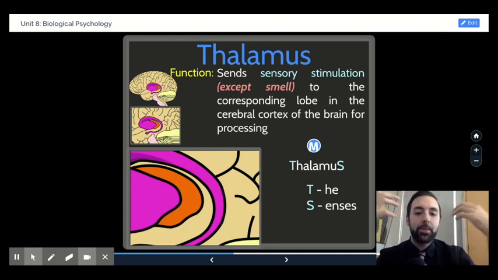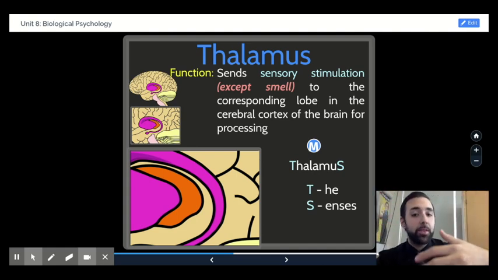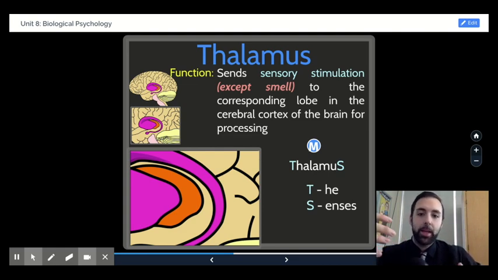Well, incoming sensory information, for example, like what it is that you're seeing, before it actually gets to the cerebral cortex for final processing, is sent to a region of the brain called the thalamus, which means damage to the thalamus could actually affect more than one sense. You know, there are some injuries where somebody loses some degree of their hearing.